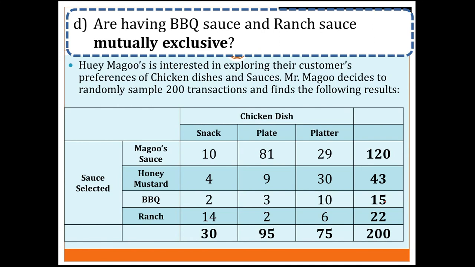Part D, would having barbecue sauce, that event, and the other event having ranch sauce be mutually exclusive events or non-mutually exclusive events? So remember, mutually exclusive means that the two events have no outcomes in common. So if I look at the table, here's barbecue sauce, here's ranch sauce. There's nobody who gets both. You're only allowed one sauce for free when you go to Huey Magoo's. So in this data set, there's no observations that got both.